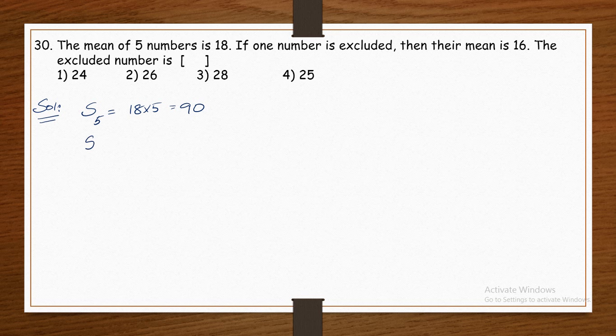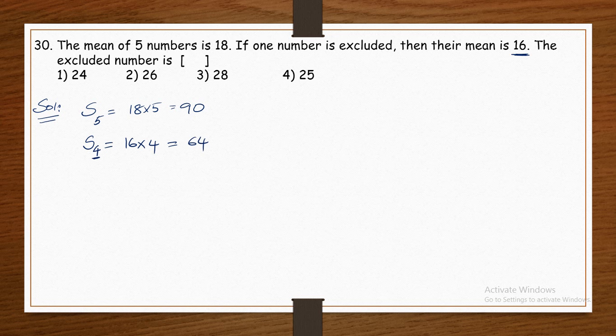If one is excluded, how many observations will there be? Only 4 observations. So S4 is equal to, since he has already given the mean, mean of 4 observations, 16 into 4, which is 64.